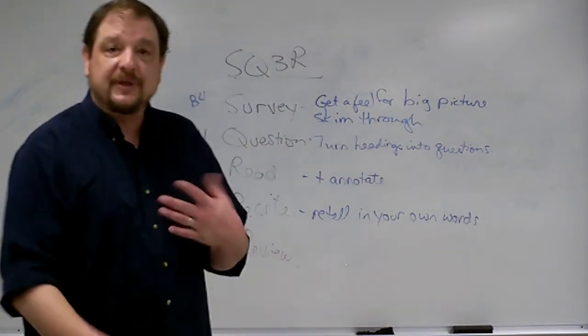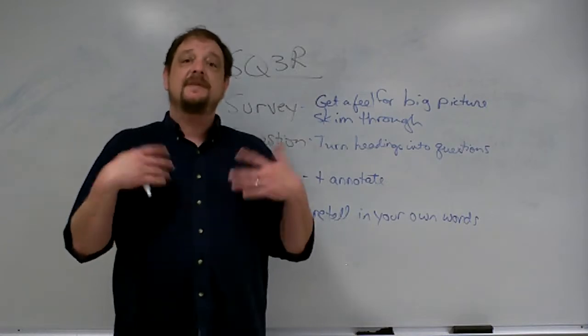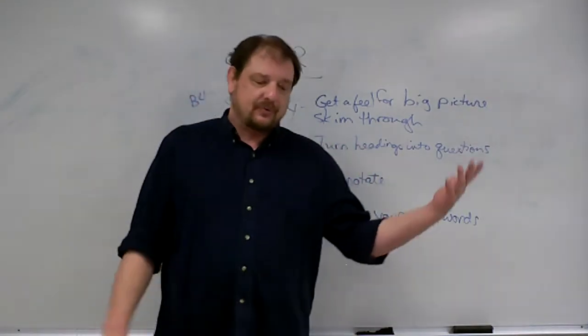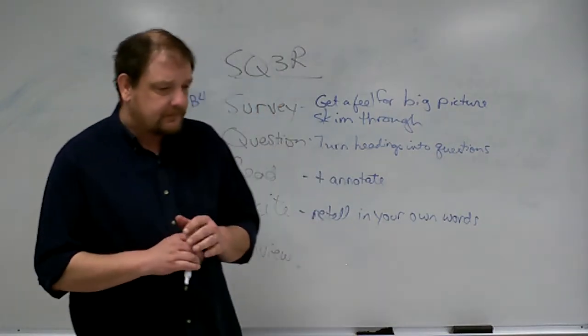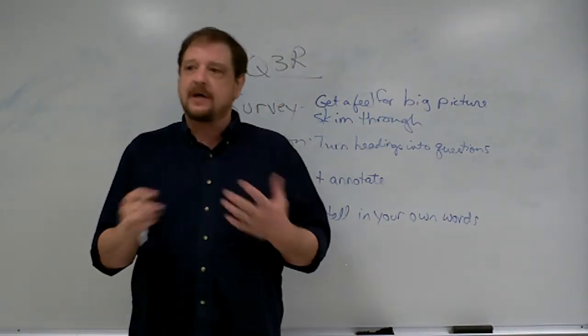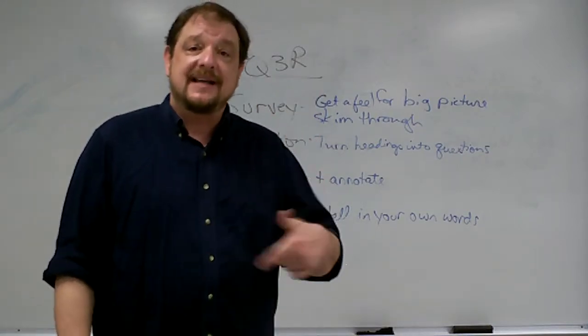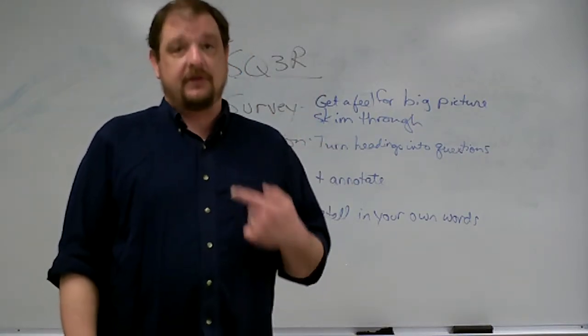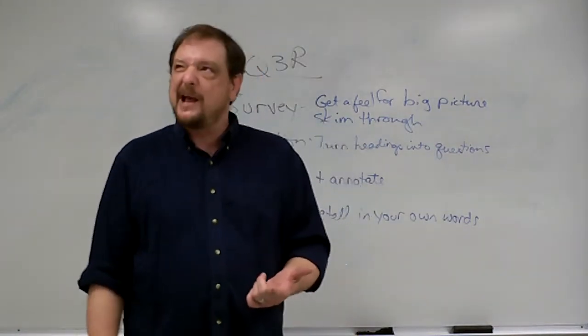As you're retelling it, I strongly encourage you to do this step physically with somebody. After you've read whatever chapter you're reading, talk about it with somebody. Here's what I just read about. Here's what they said. Because as you're saying that, sometimes you come to a point where you're like, oh yeah, what happened there?